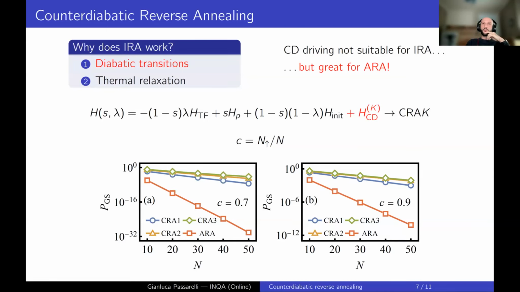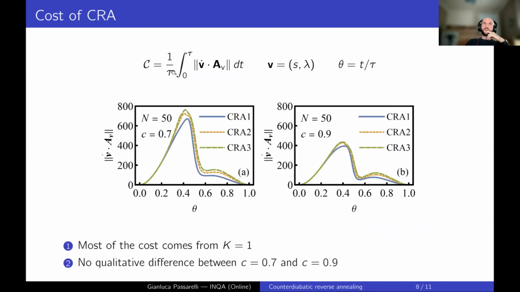And this is also confirmed by studying another metric, that is the energy cost of counterdiabatic driving, because of course, if you want to assist the adiabatic passage across small gaps, you need to pay an energy cost, and the energy cost is of course due to the fact that you are adding this extra operator in your Hamiltonian.